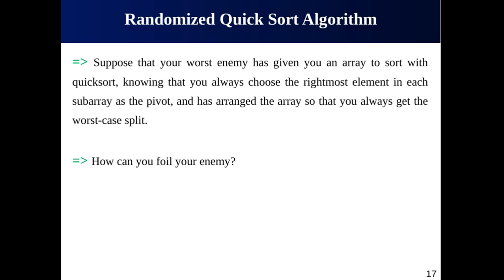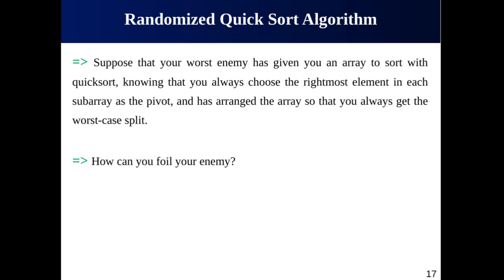So suppose that your worst enemy has given you an array, and he or she asks you to sort it with quicksort, and the condition is that you always choose the rightmost element in each subarray as the pivot, meaning the last element, and has arranged the array in a way that you always get the worst case unbalanced split, as we just saw.